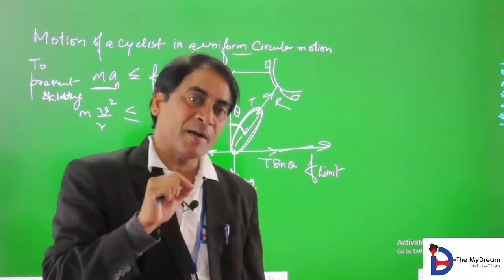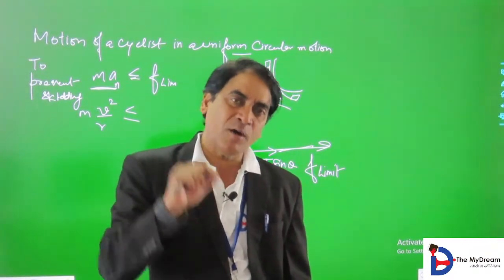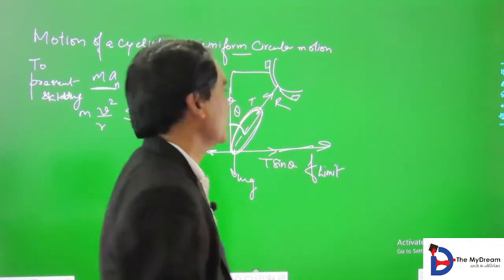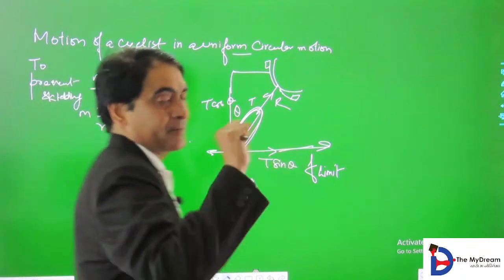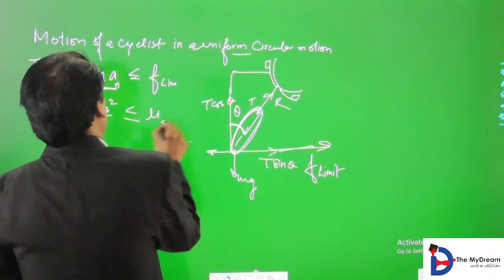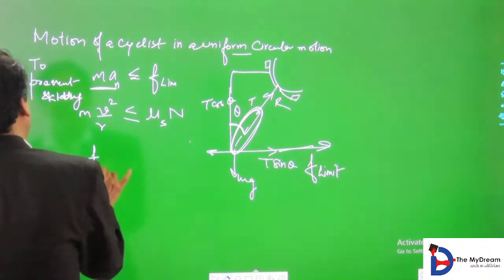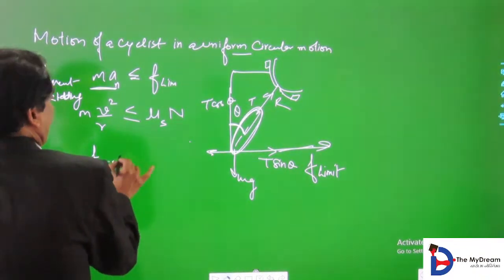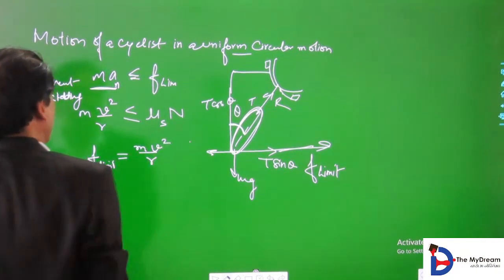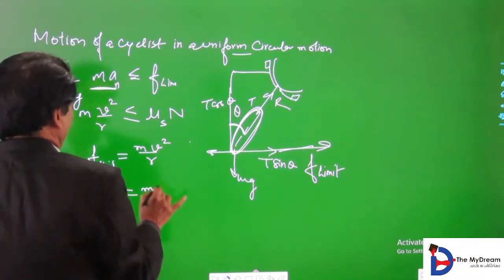If the centripetal force is less than or equal to the limiting force of friction, then you can say there is no skidding. So F is equal to mu S into N. So F limiting is equal to centripetal force, and N is equal to mg.